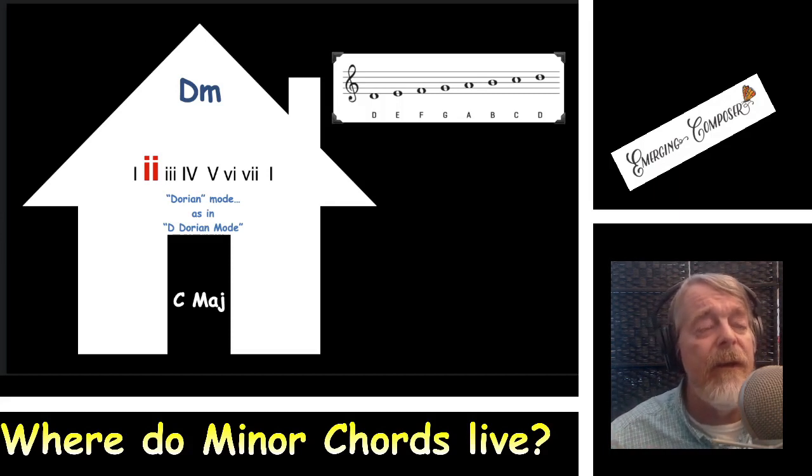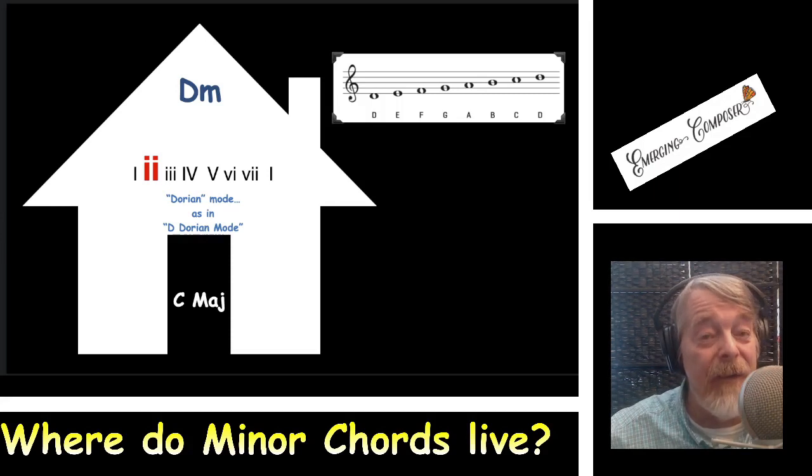We take the 7th note, or 6th, let's see, 1, 2, 3, 4, 5, 6. Yeah, we take the 6th note, and we raise it up a half step. So now it's D to D in the key of C, all natural notes. Again, compare that to the D natural minor scale.